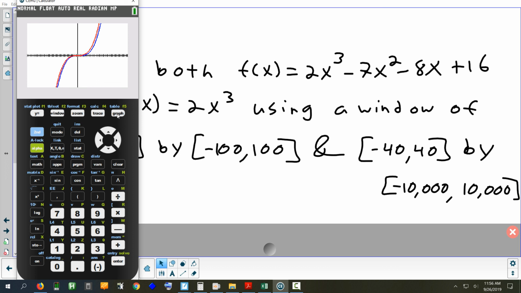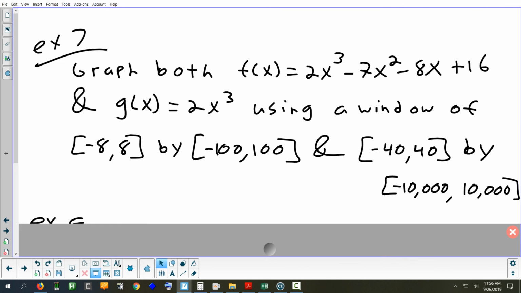Do those look the same? Yeah, pretty much. So when you zoom out enough, the end behavior model will look just like the real complicated one. It's a simpler version of it, without all the detail in the middle. So all we had to do was graph. That was it.